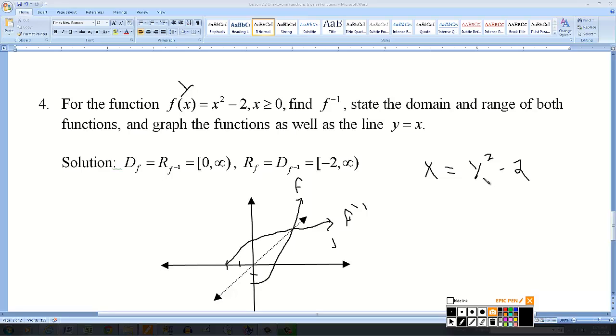Then I just solve this for y. So x plus 2 is equal to y squared.